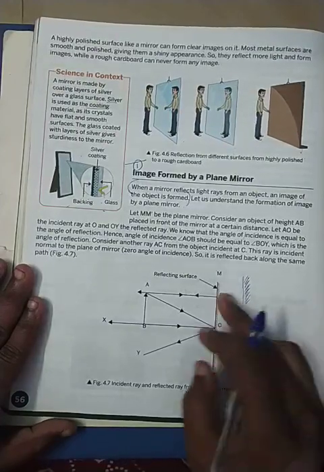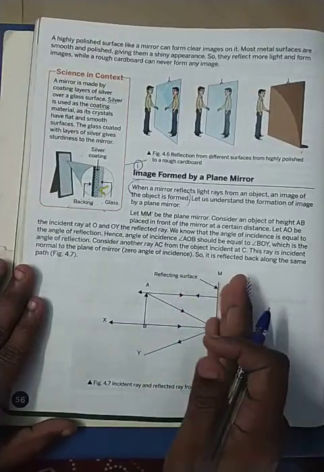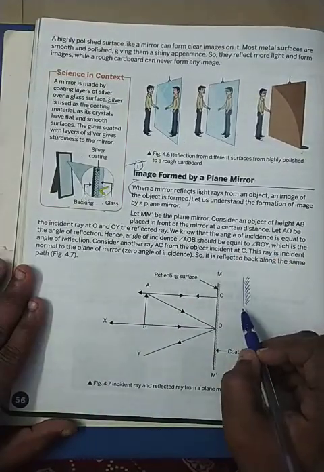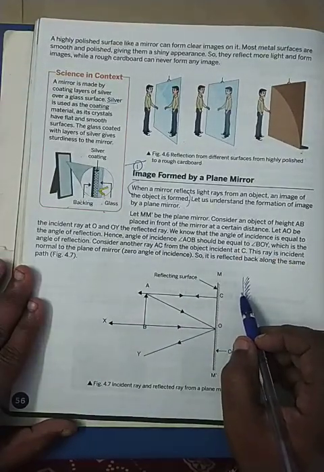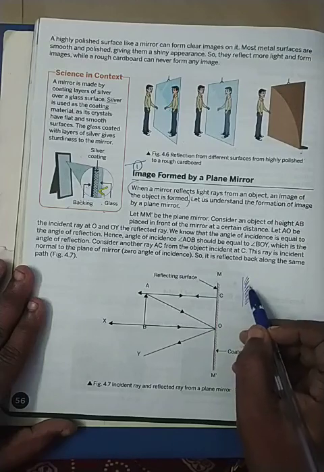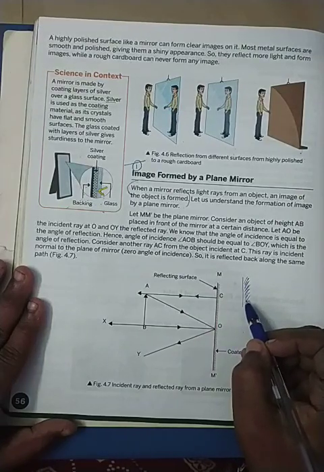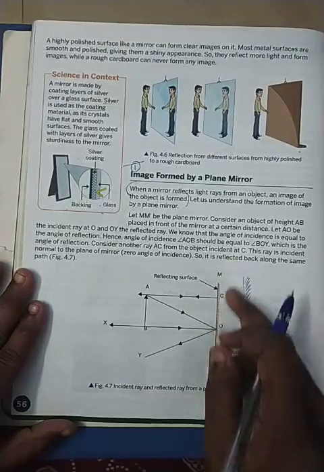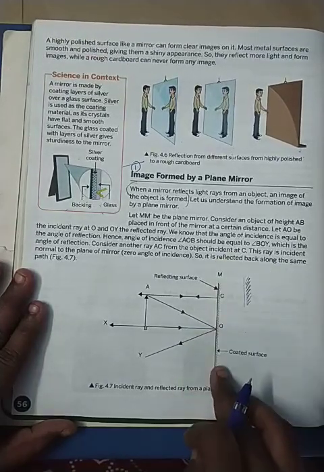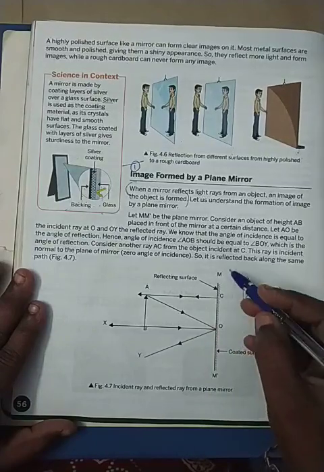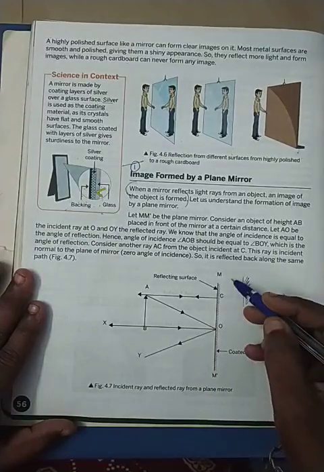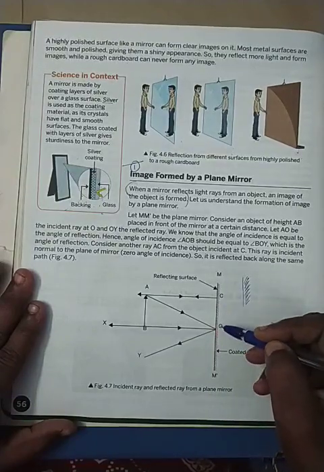The straight line side is the side which is going to be reflecting. The side with the small lines is the one which is not going to be reflecting. So draw one straight line and put small lines on one side.